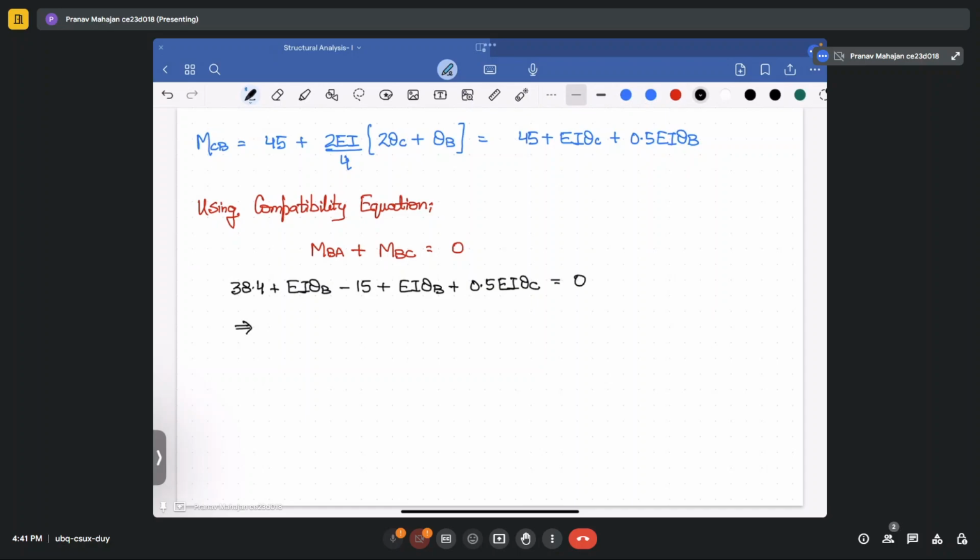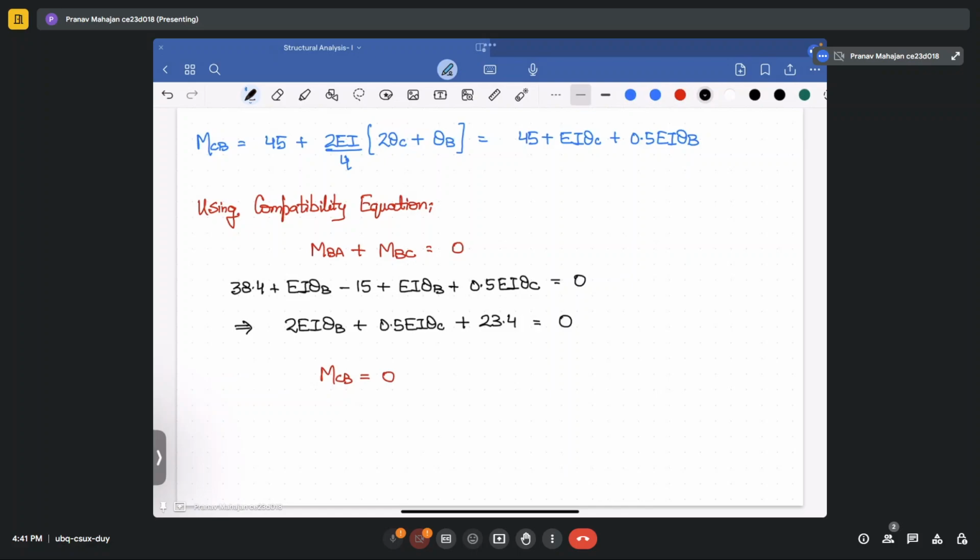So it will give you twice EI theta B plus 0.5 EI theta C plus 23.4 equal to 0. This is the first equation.